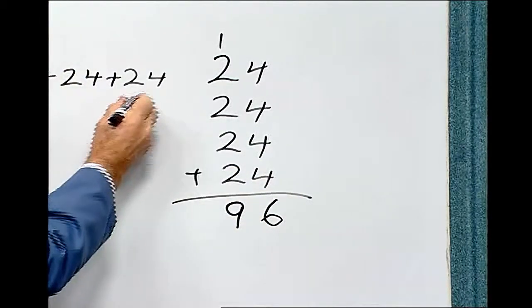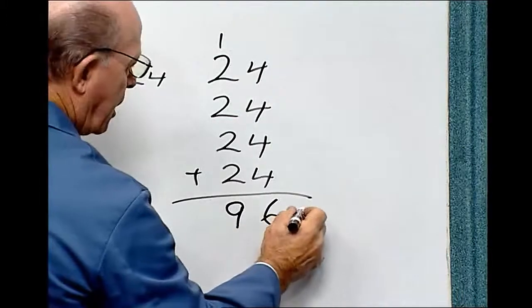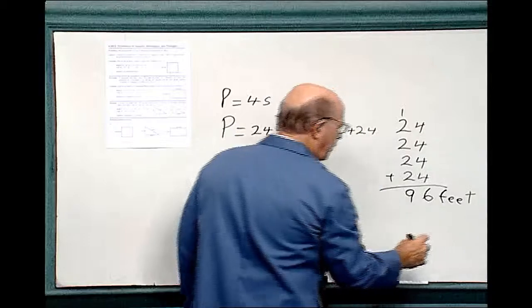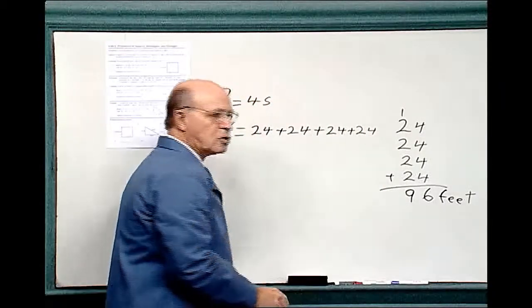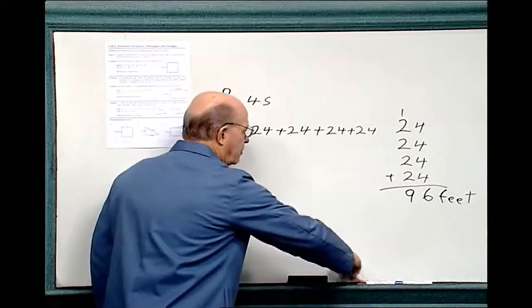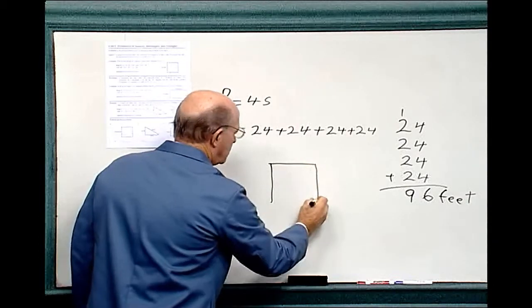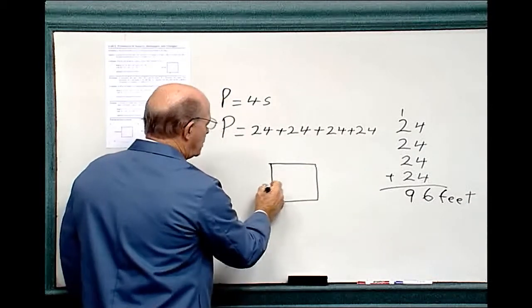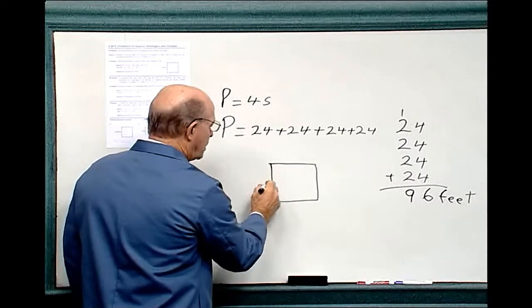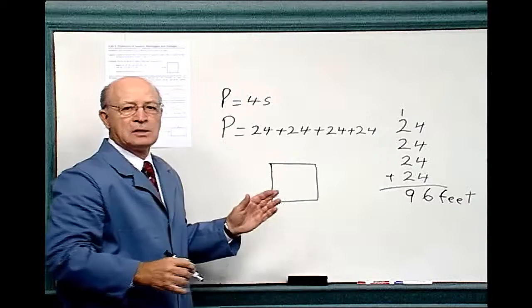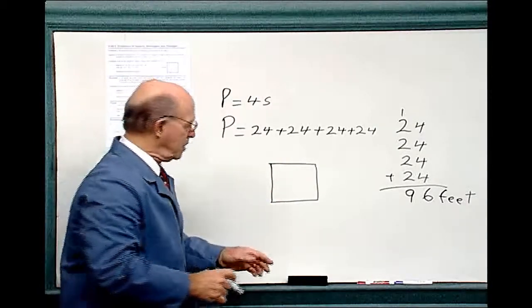And this was 24 feet, so the perimeter of the square is 96 feet. So around the square, remember, a square has 4 equal sides, and each side is 24. You just have to do it once. You know all the sides are equal. So the perimeter of the square is 96 feet.